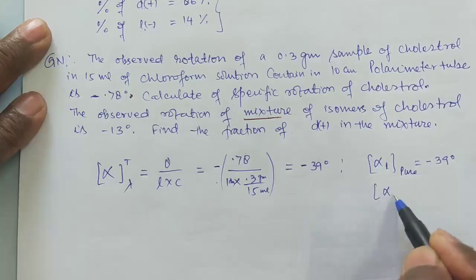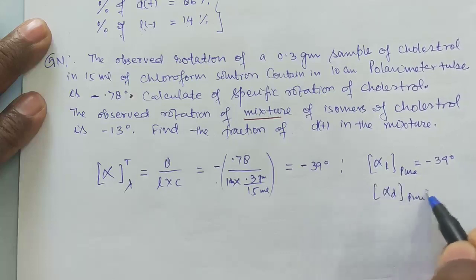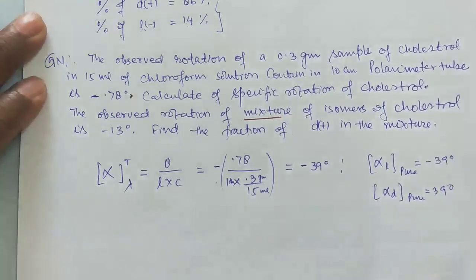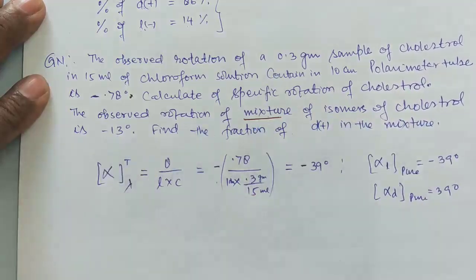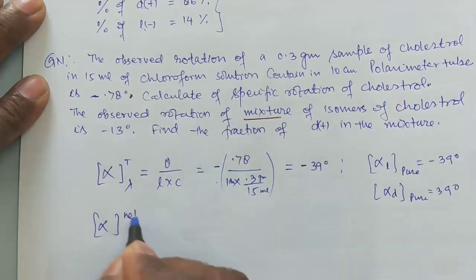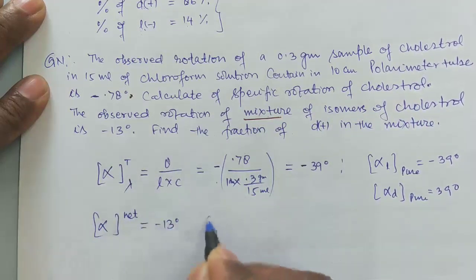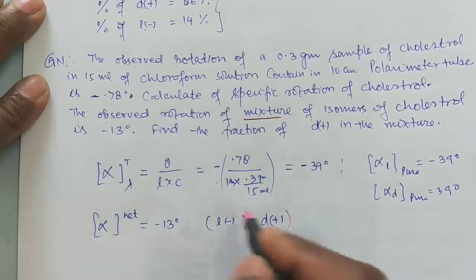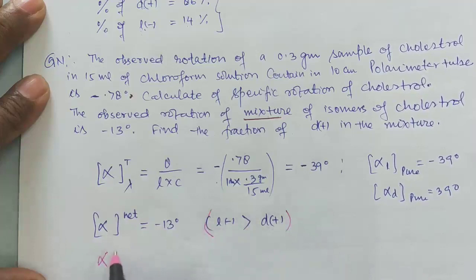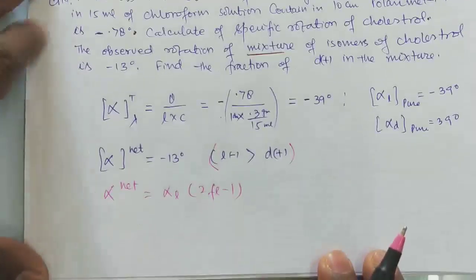So definitely alpha D pure will be 39 degree, right? That we know. See, observed rotation of cholesterol is minus 13 degree, means alpha net is equal to minus 13 degree, means L minus isomer is more than D plus. Very simple. So if L minus is more than D plus, you have to use the formula alpha net is equal to alpha L into 2FL minus 1.